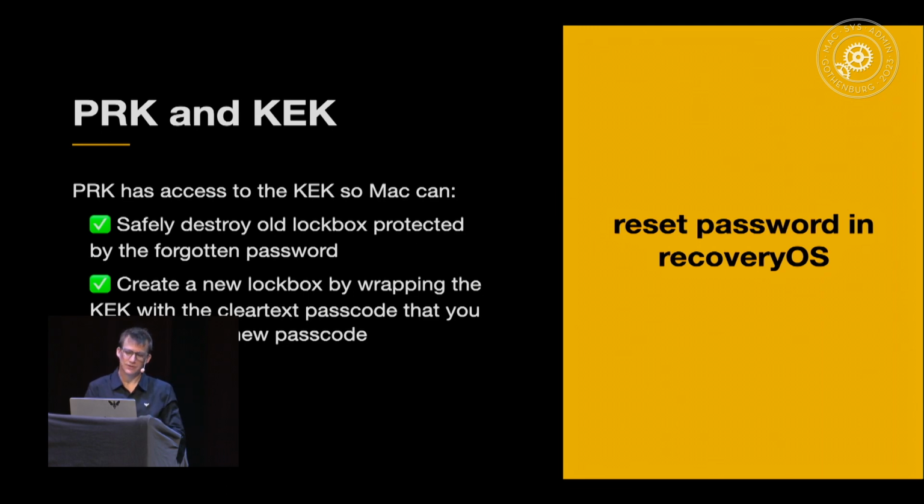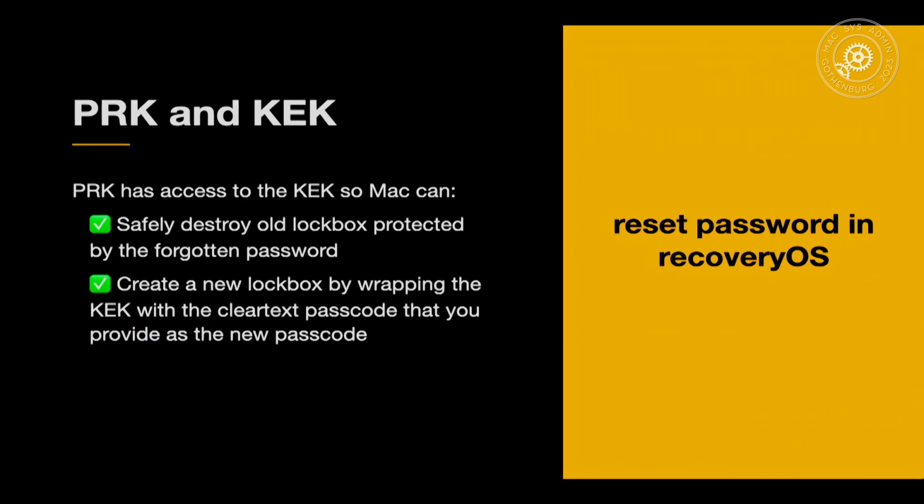Because the personal recovery key that's escrowed in the MDM solution has access to the KEK, the Mac can safely destroy the old lockbox protected by the forgotten password and create a new lockbox by wrapping the KEK in the clear text passcode that you enter in Recovery OS when it's time to specify what your new password is. So again, that clear text password in order to wrap the key.